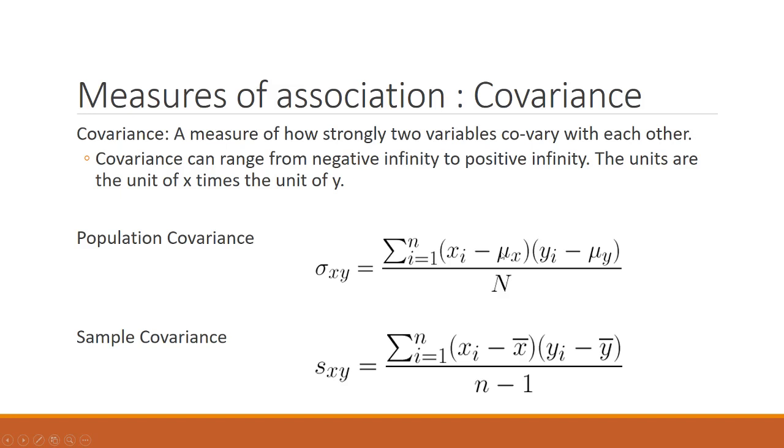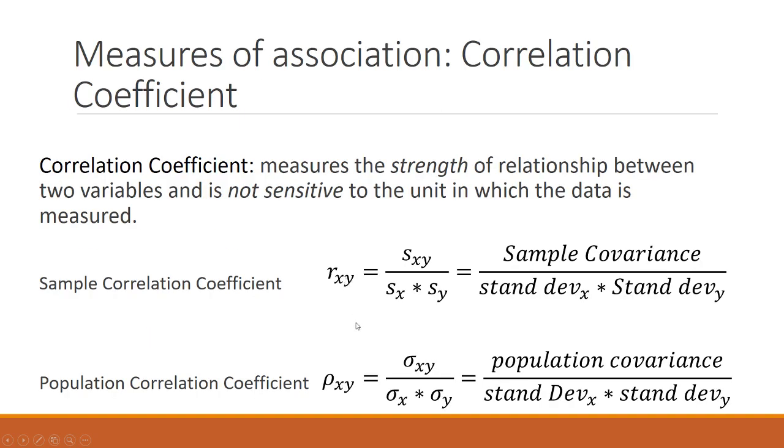Now, maybe I need to be more clear. I'm looking at the correlation between some variable x and some variable y. So we could say x is farm size and y is income. The correlation is going to tell me how strongly related these two variables are.